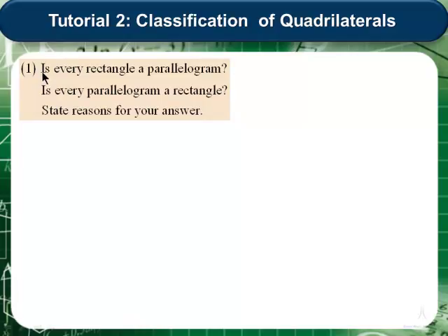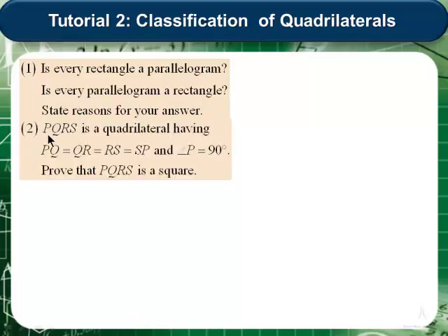We are now ready to look at tutorial 2, where the focus is on the classification of quadrilaterals. The first problem asks: is every rectangle a parallelogram? And secondly, is every parallelogram a rectangle? You must state reasons for your answers.